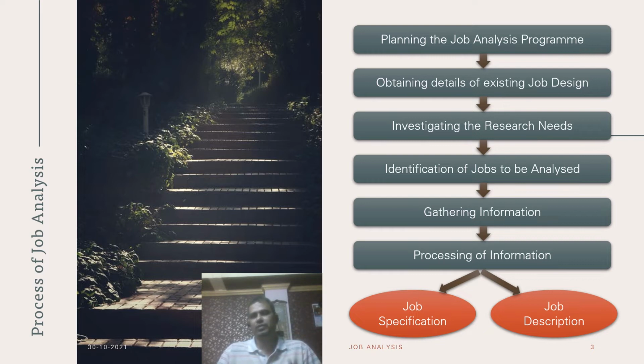These two are the basic outcomes of the total process of job analysis, right? So the end result of the job analysis task is that you have a job description in your hand and a job specification in your hand. You use these two things for further HR activities, right? That we will be getting into in the third unit.